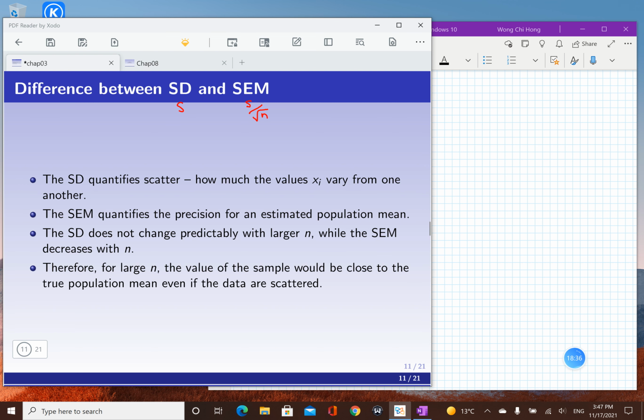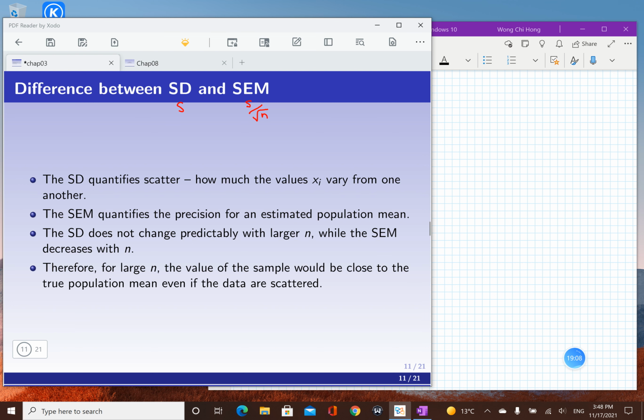This SEM only tells you how accurate your X bar is compared to the true one, and how good your estimate X bar is. The larger the value of your sample size, the smaller the value of your SEM, this standard error, which means that your X bar is closer, or should be closer, to the true mean value.